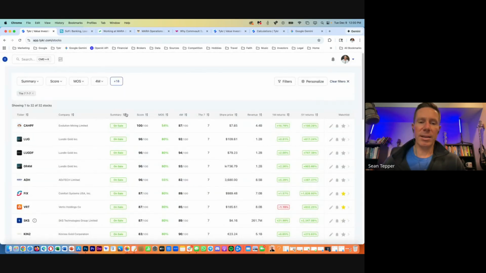Just a little pro tip here, I like to see the summary, the score, the margin of safety, then the 4Ms, then the 7. It rolls everything up. And then I like to see share price, revenue, stuff like that. That'll save you a bunch of time if you want to create that filter, and then you can save it right here.